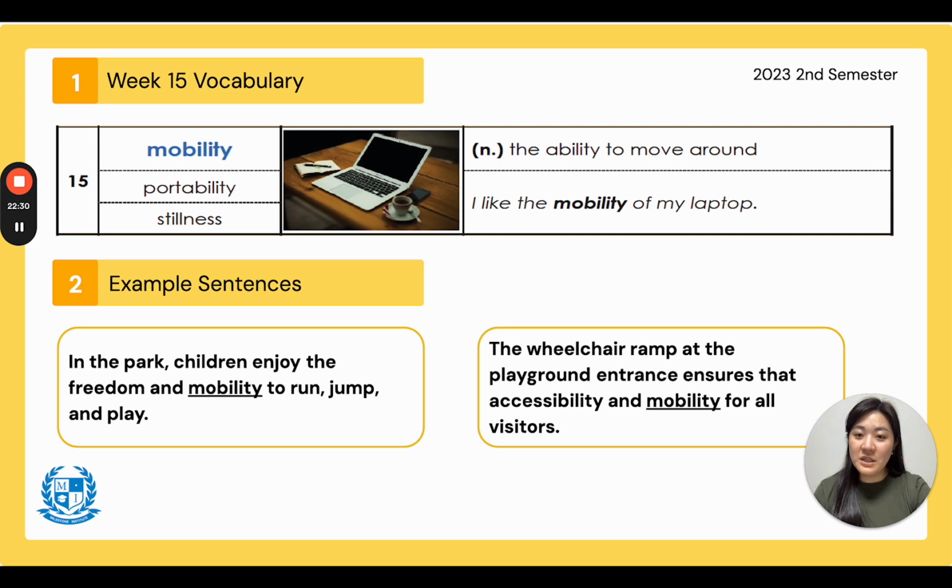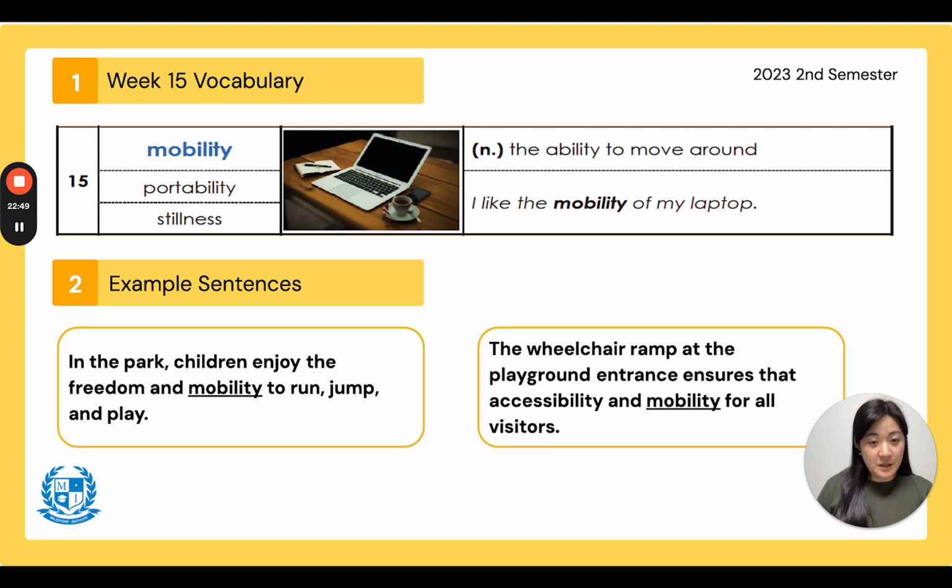In the park, children enjoy the freedom and mobility to run, jump, and play. So in this huge park, children are able to have the freedom to move around, have the ability to move by jumping, running, and playing. Example 2.